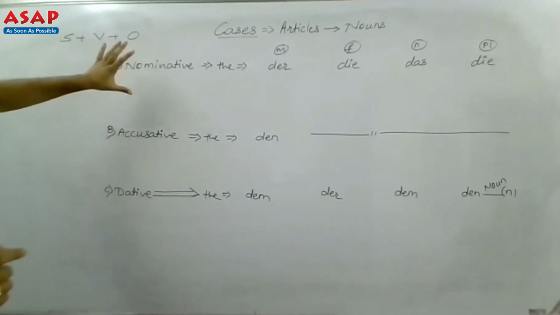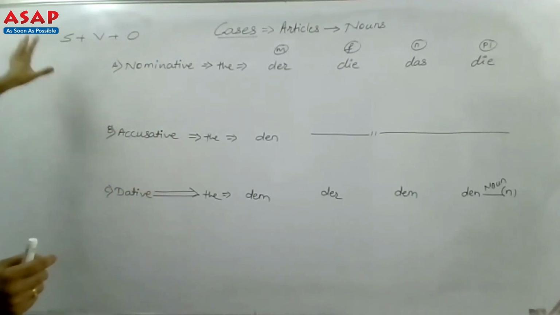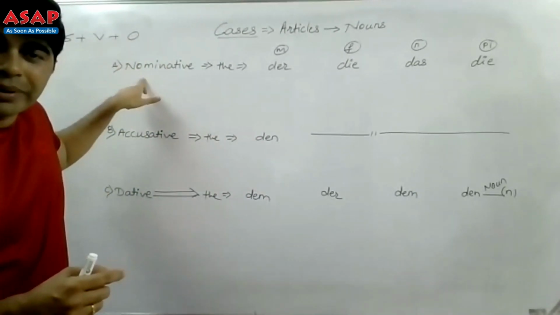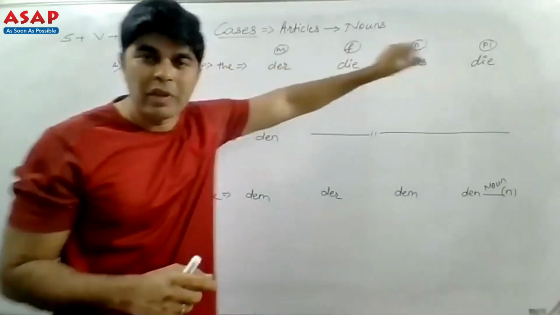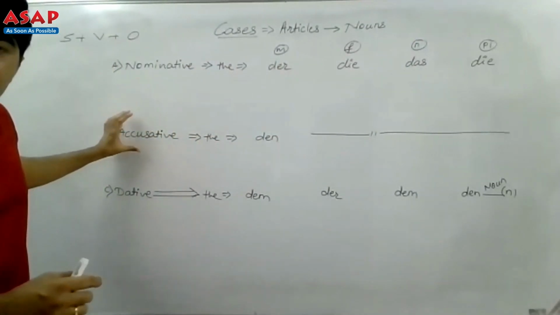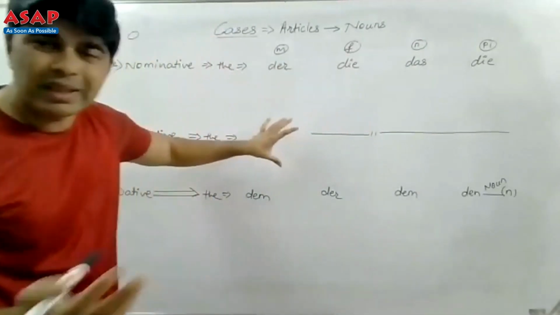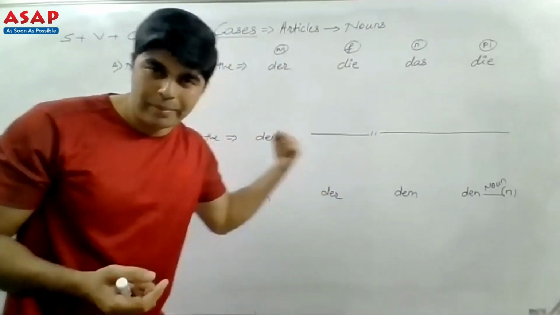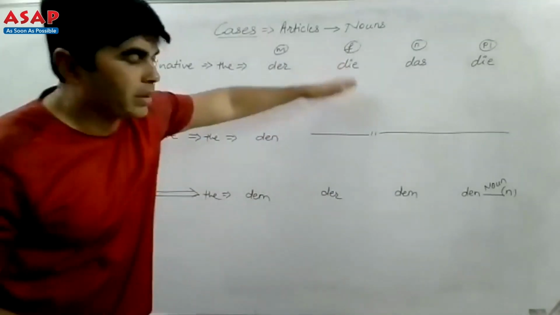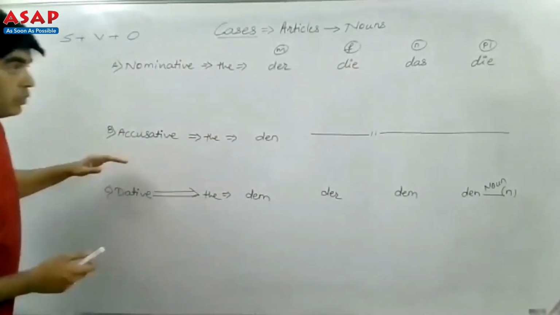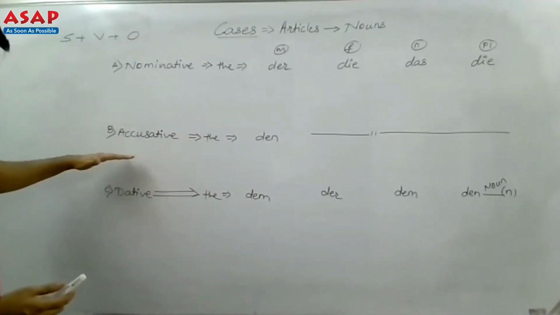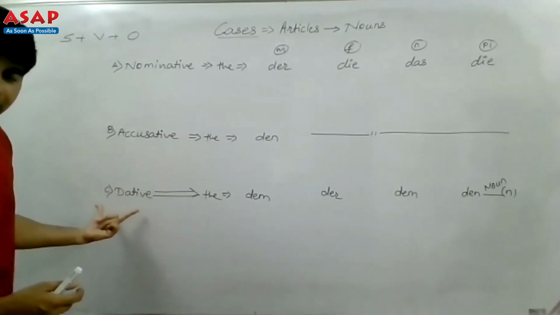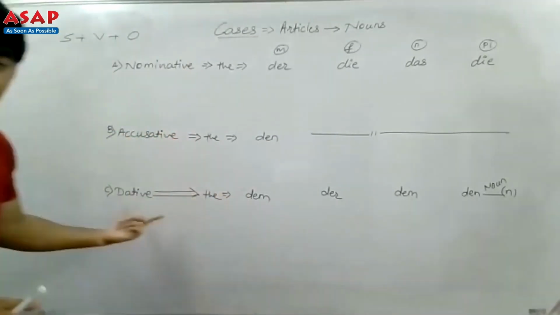Now you need to understand which case will be applied where. Apply means use: if we say nominative case, it means use these articles. If we say accusative case, it means use these articles. So in accusative, actually, if you see, only masculine is different, the rest everything is the same, similar to nominative. Now next part, dative. When we say dative case we are applying, that means we'll be using dative articles.